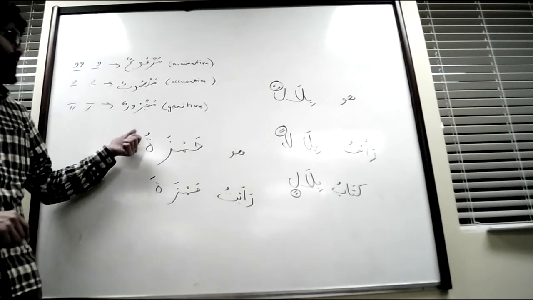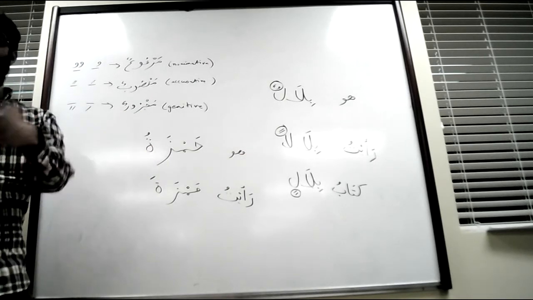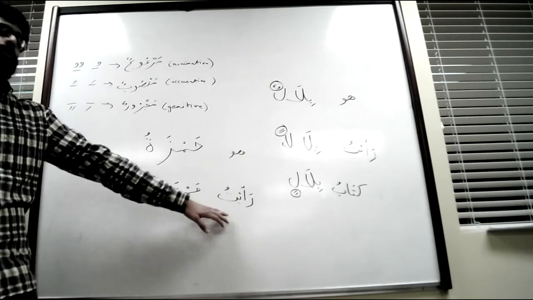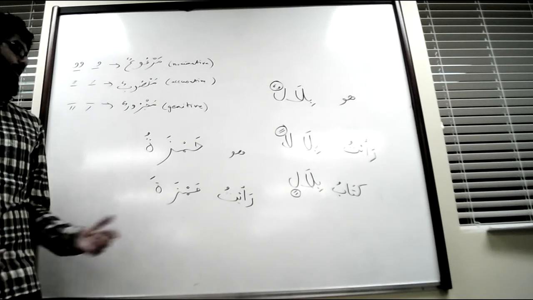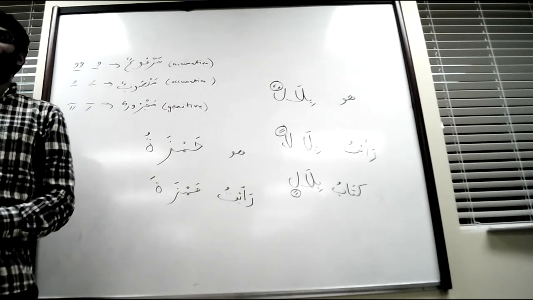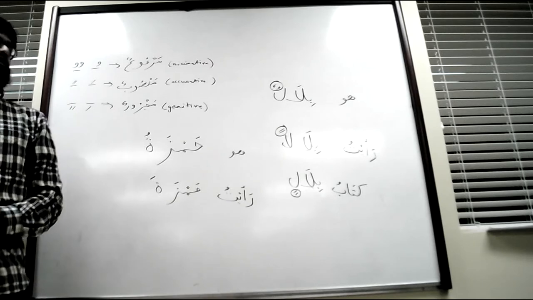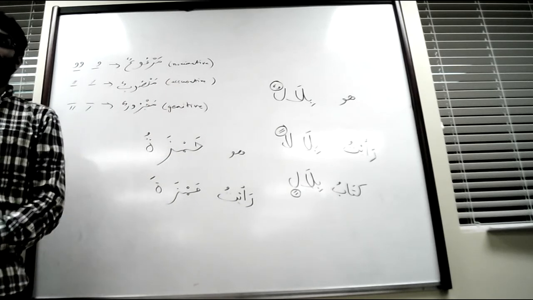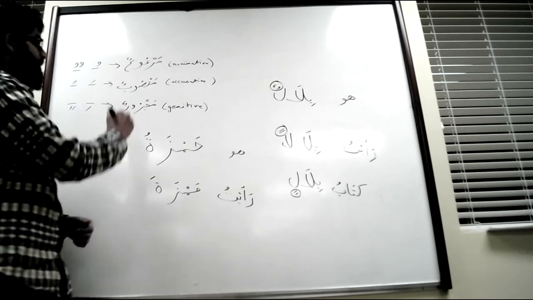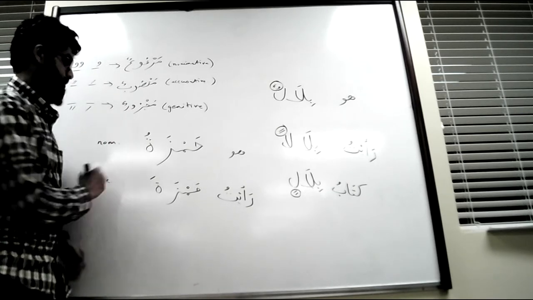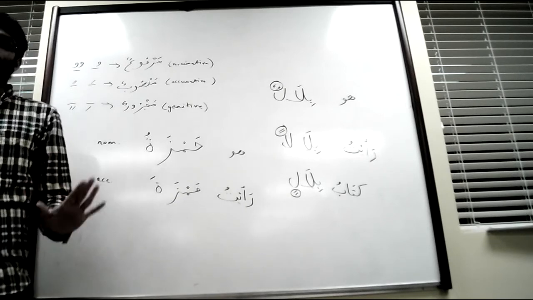I only have one dhamma to work with here, but it's still going to make that change. So I saw Hamza, ra'aytu Hamzata. Is Hamza marfu, mansub, or majrur? It's mansub, right? So this is the nominative case here. Here it's the accusative case. So far, so good, right?